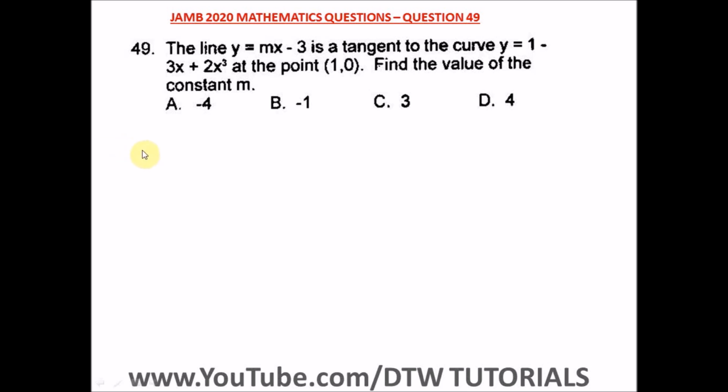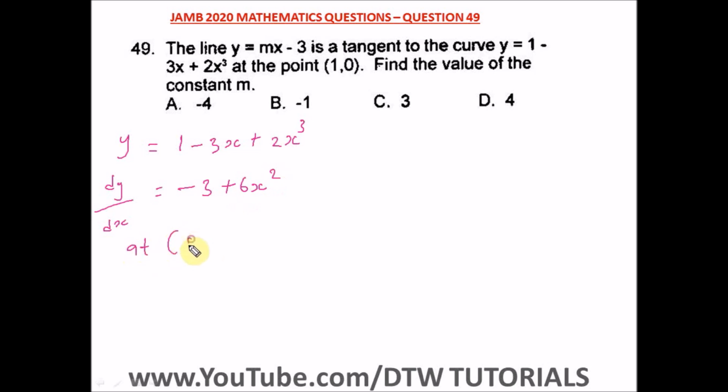So we write y is equal to 1 minus 3x plus 2x cubed. So we find dy/dx of this, which gives us minus 3 plus 6x squared.